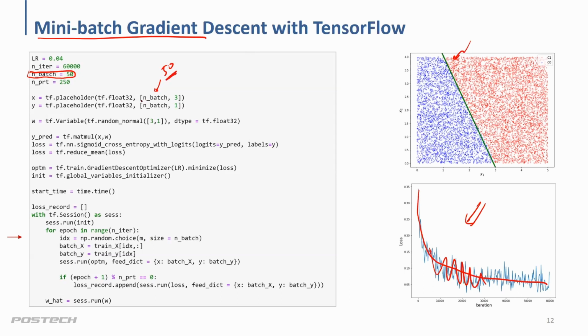So that's the batch size, and here these are pretty much the same. And just here I use random dot choice, and the size is the same as the batch size, and I pick 50 of them and plug that into the placeholders to implement the mini batch gradient descent for the logistic regression.